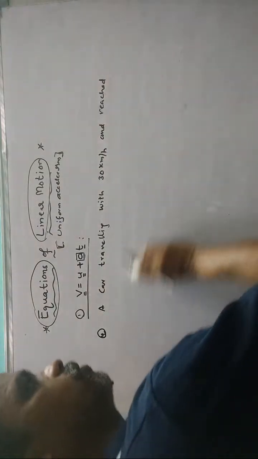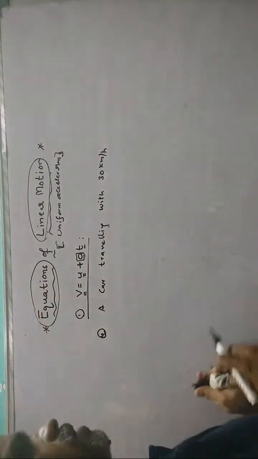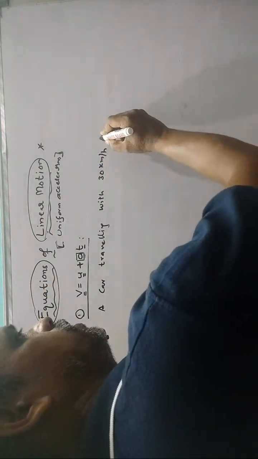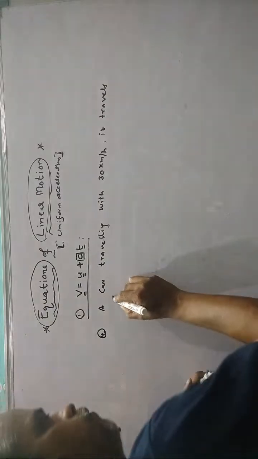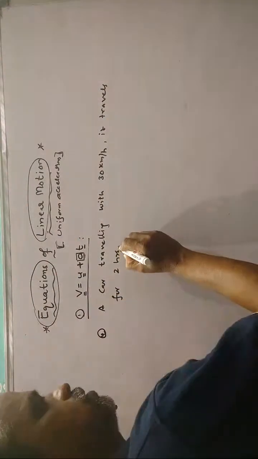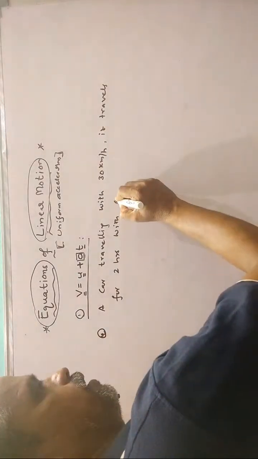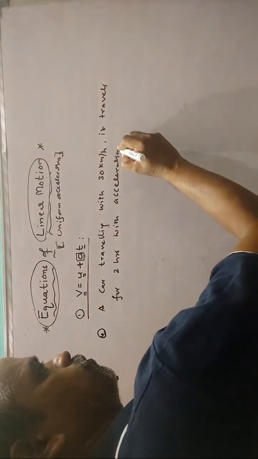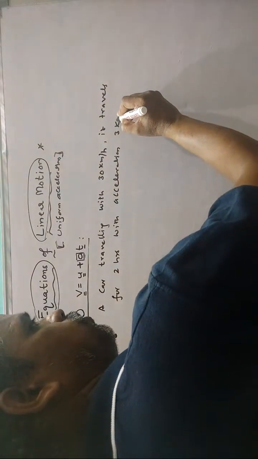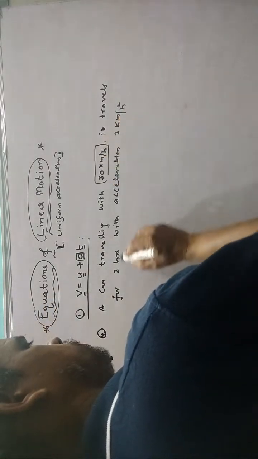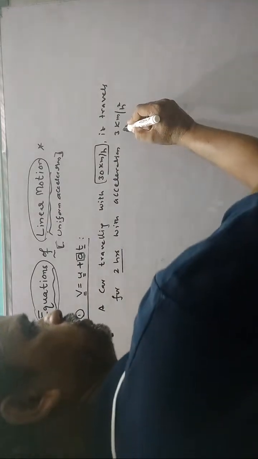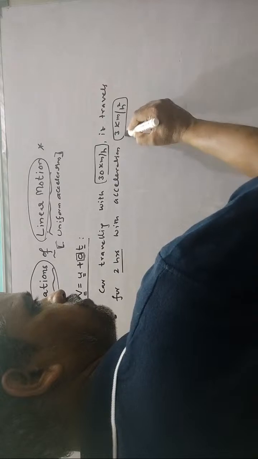A car traveling with 30 kilometers per hour, it travels for 2 hours with acceleration 3 kilometers per hour square.